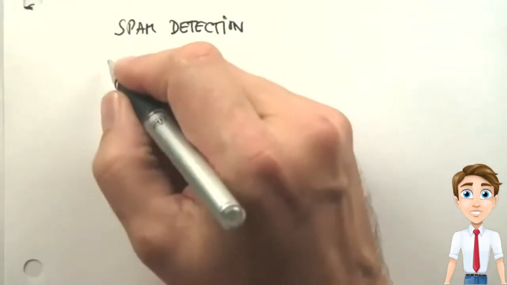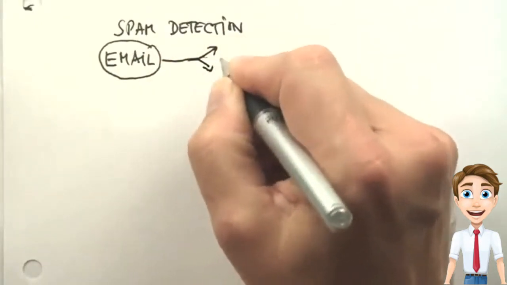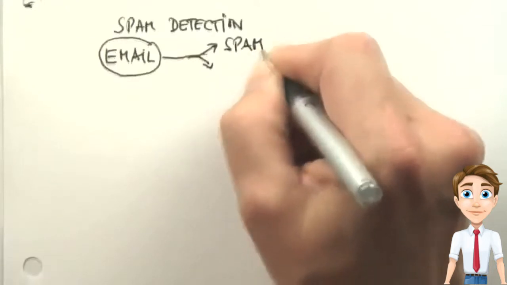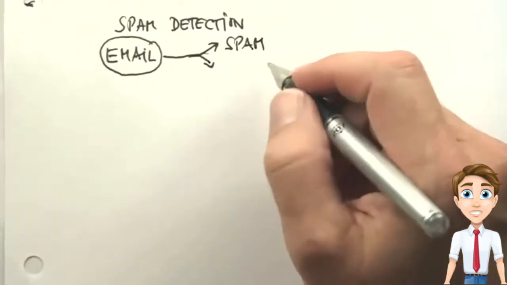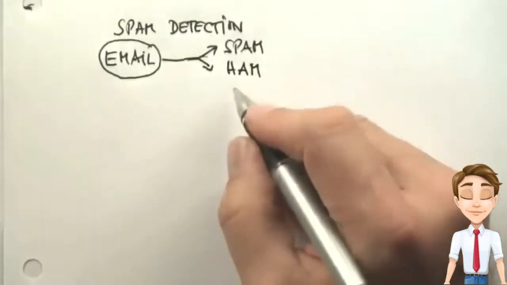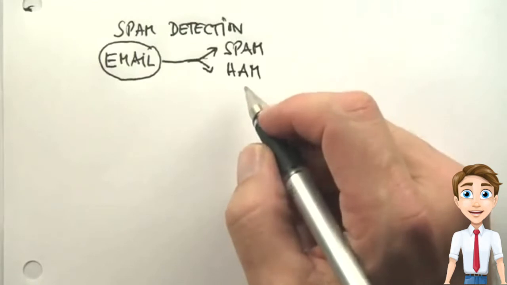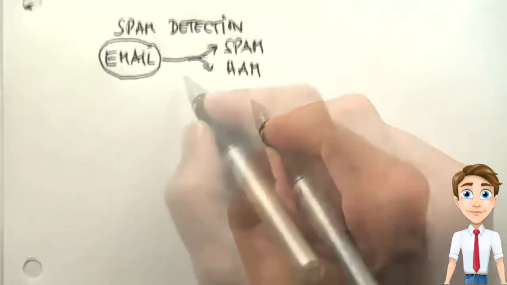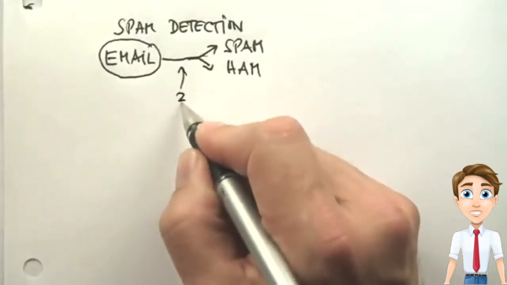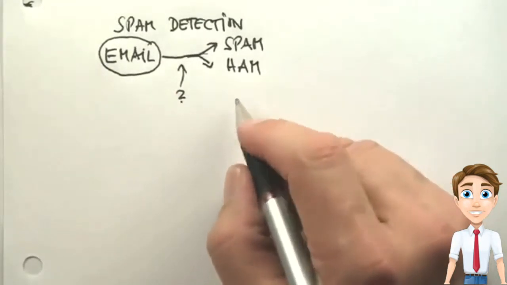In spam detection, we get an email and we wish to categorize it either as spam, in which case we don't even show it to the reader, or what we call ham, which is a technical word for an email worth passing on to the person reading the email. So the function over here is the function we're trying to learn. Most spam filters use human input.